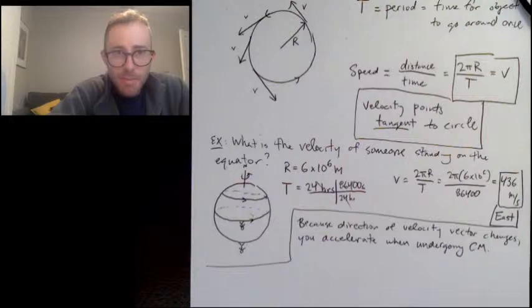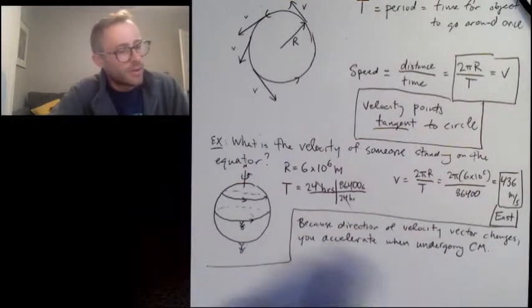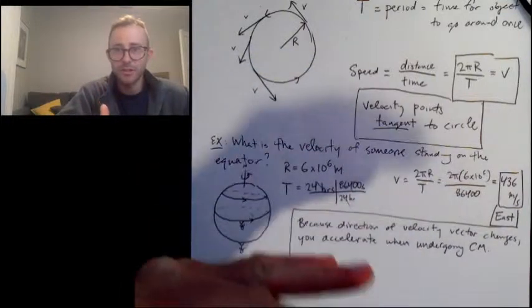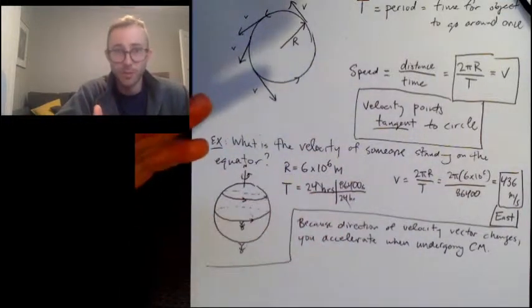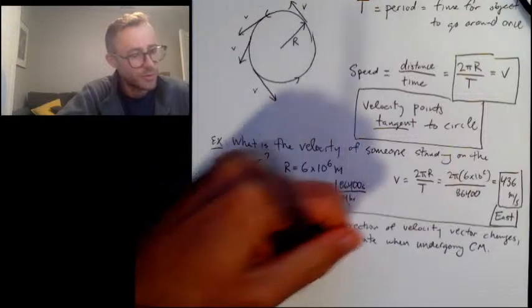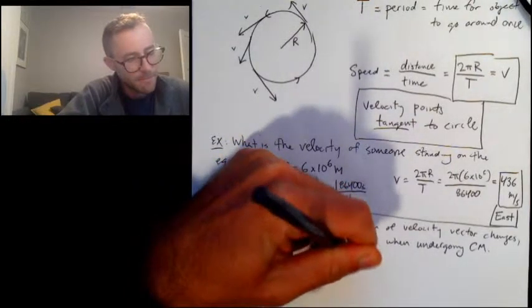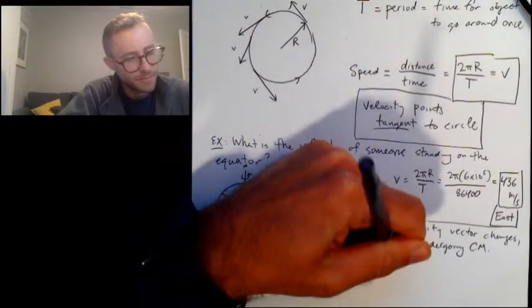Okay? And this type of acceleration, this acceleration due to direction change, has a special name. It's called centripetal acceleration.